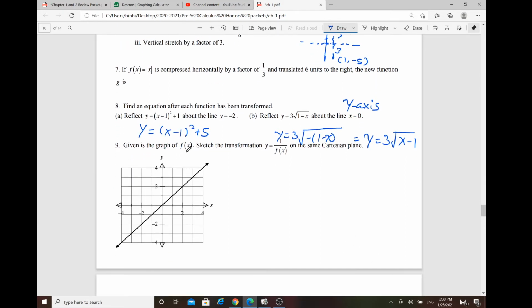So given the graph of f of x, sketch the transformation 1 over f of x on the same Cartesian plane. Well, this one is just y equals x. And then this one's kind of like the reciprocals. Reciprocals, that means whatever we have as the y value, we want to divide it. So let's say, again, it's the xy table.